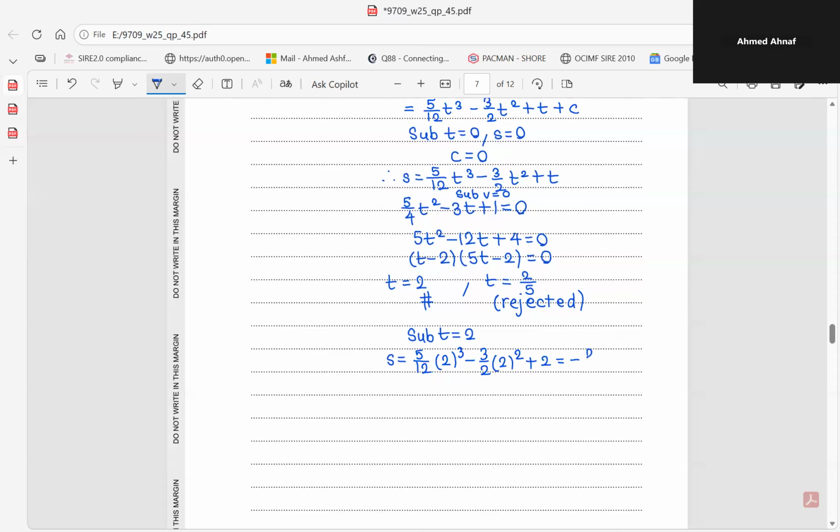You'll get minus 2 over 3 meters. Yeah, so that's the distance.